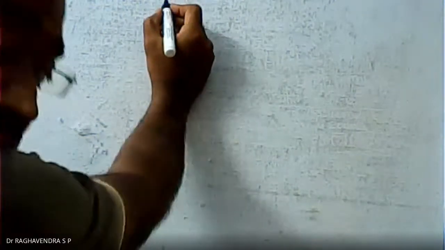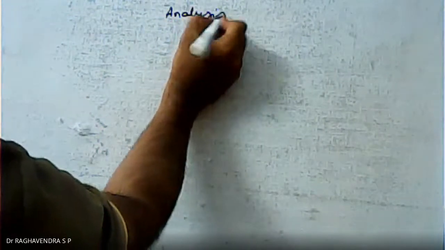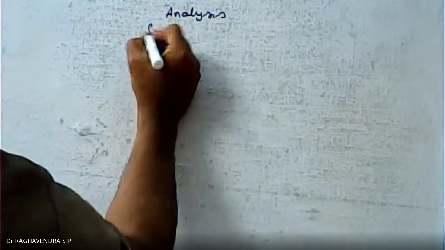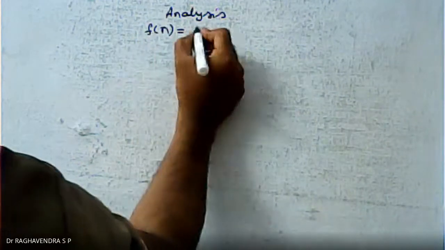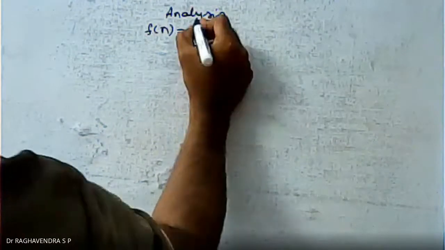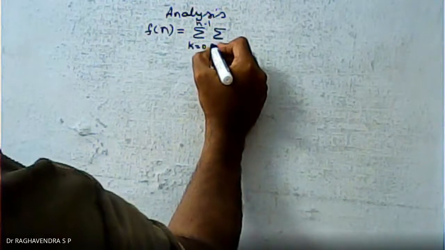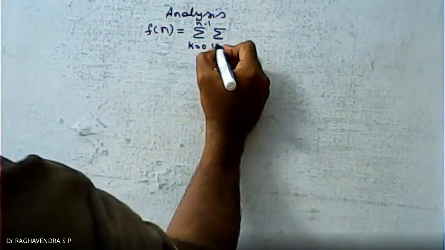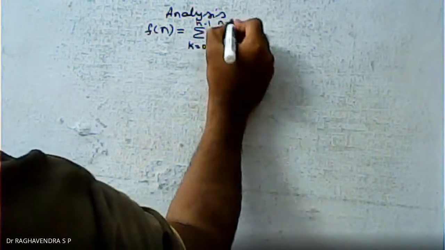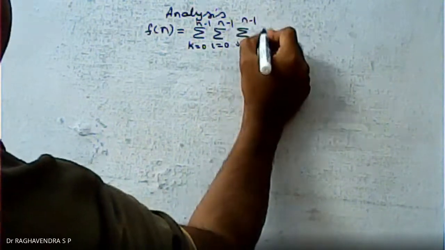So write down analysis. Analysis, that is f of n is equals to summation k is equals to 0 to n minus 1, I is equals to 0 to n minus 1 and j is equals to 0 to n minus 1, 1.